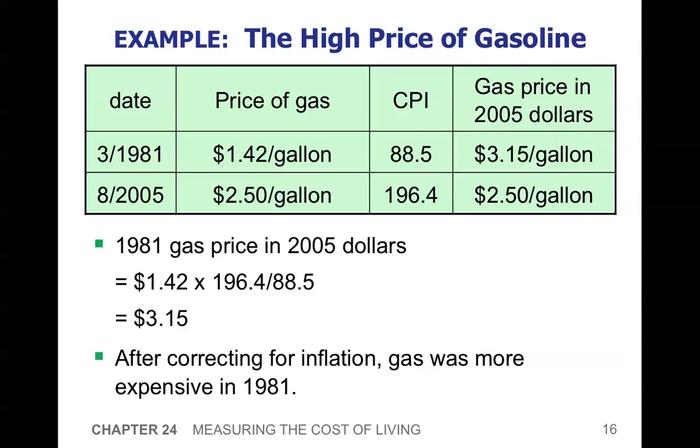Actually, was it more in 1981 than in 2005? Most certainly it was. If you take the 1981 gas price and make it into 2005 dollars, then you're comparing the $2.50 in 2005 to $3.15 for 1981. So that's a way to use the CPI to correct for dollar figures from different times.